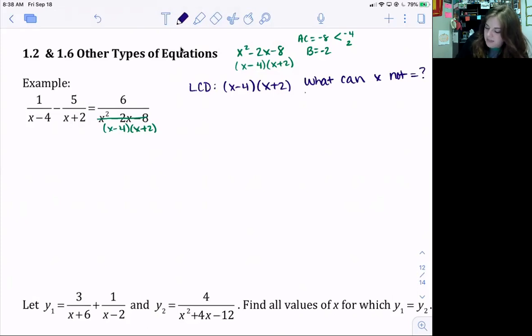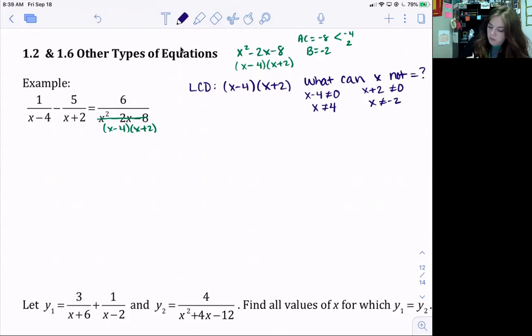So if we set x minus 4 not equal to 0, that tells us x cannot equal 4, and x plus 2 cannot equal 0, so x cannot equal negative 2. Those are x values we need to exclude from our domain.